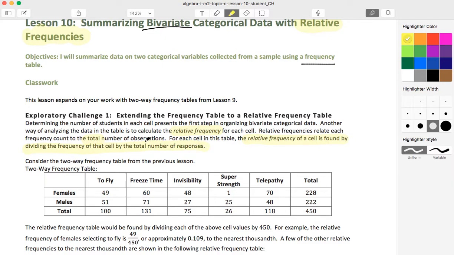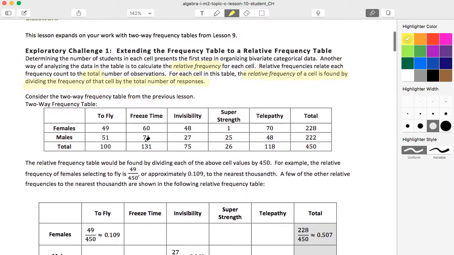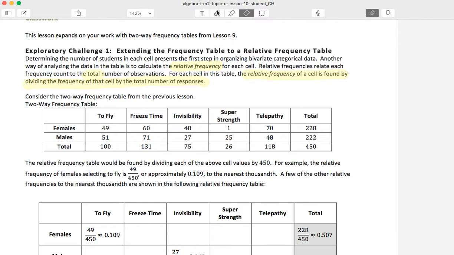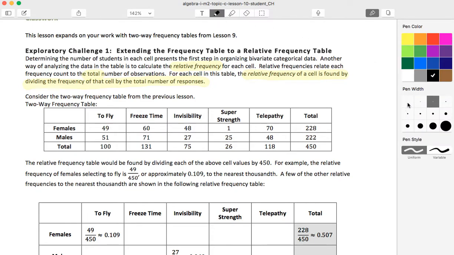So if we want to find the relative frequency of our table, we would take each total. Say there are a total of 228 females, we would divide it by 450.